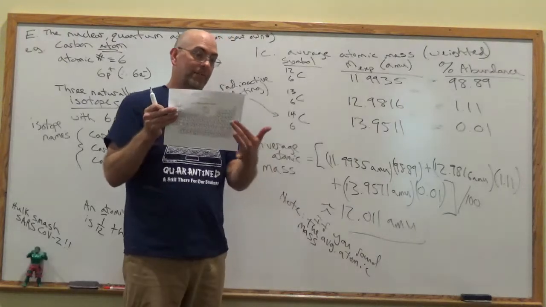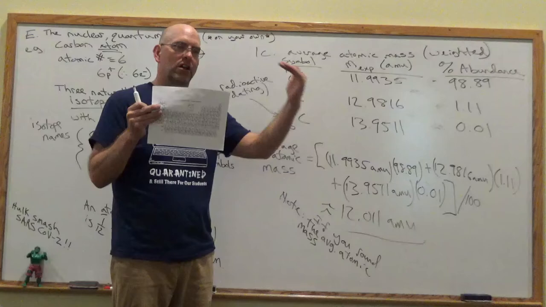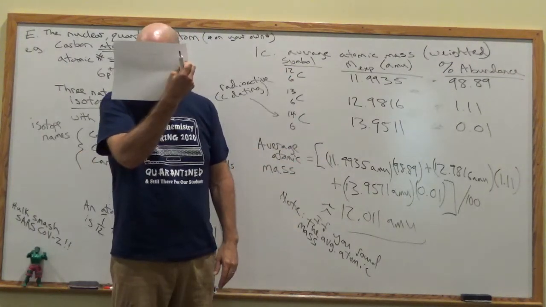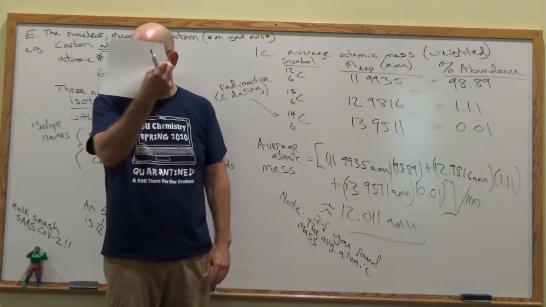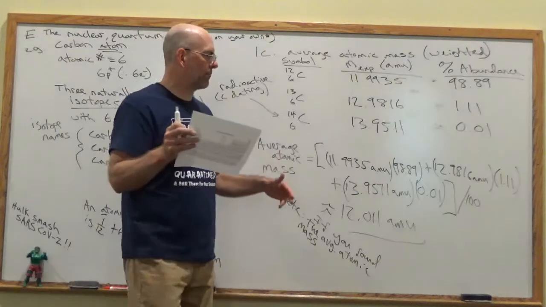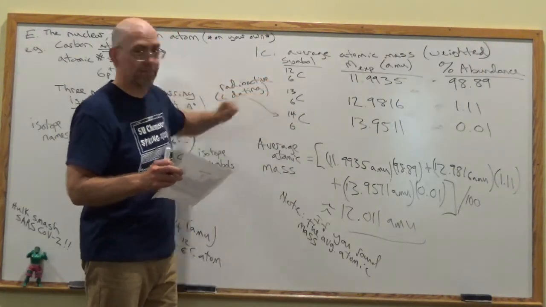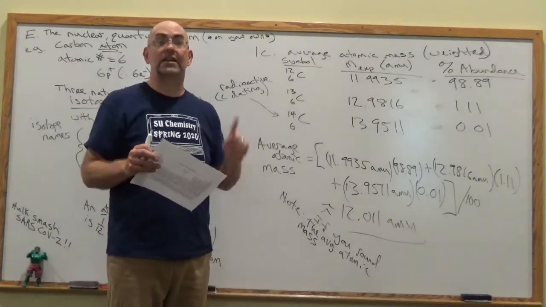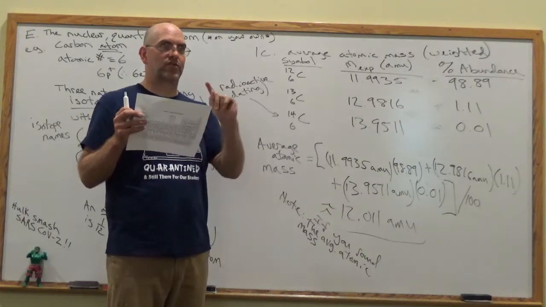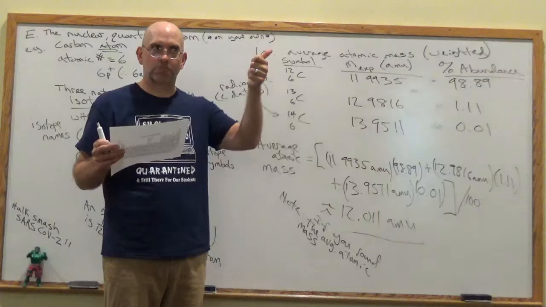If you go to the periodic table and you look at the average atomic mass and you round it to the nearest whole number, so carbon, that's easy, it's 12. What is it for nitrogen? Well, it's 14. Oxygen, it's 16. So you round it up or down to the nearest whole number, and that will typically be the mass number of the most abundant isotope.